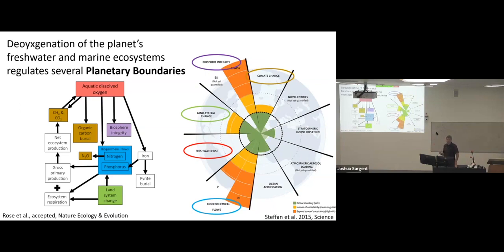And so we're proposing that aquatic dissolved oxygen represents a planetary boundary because it's both impacted by these other changes, like I just talked about with climate change and stratification, but it also has these really important feedbacks to these other planetary boundaries when aggregated at a global scale.